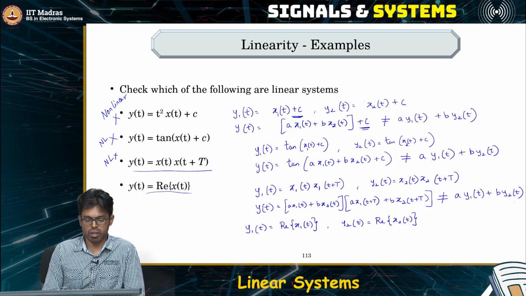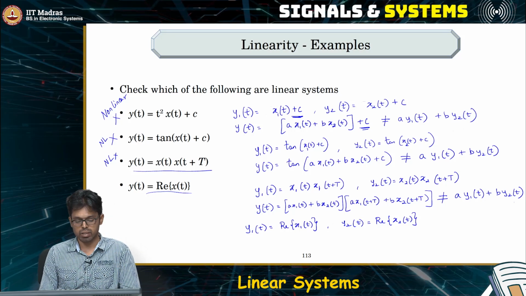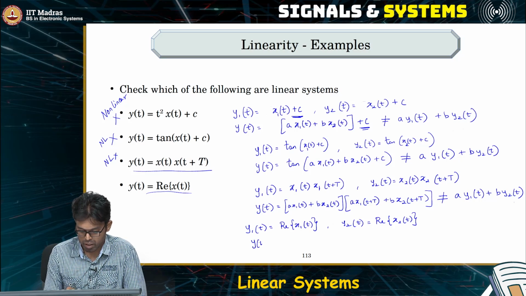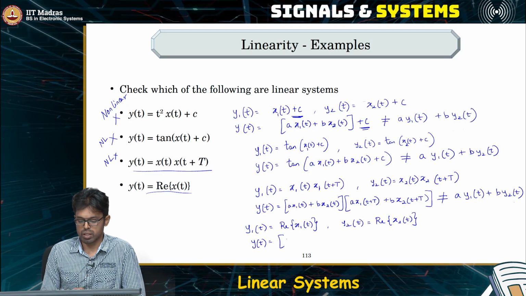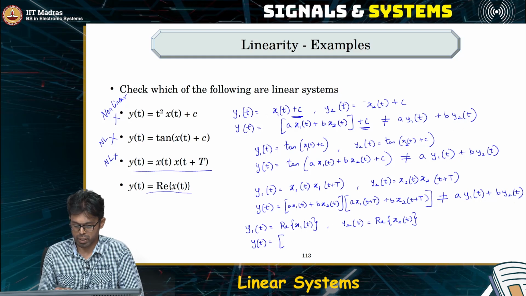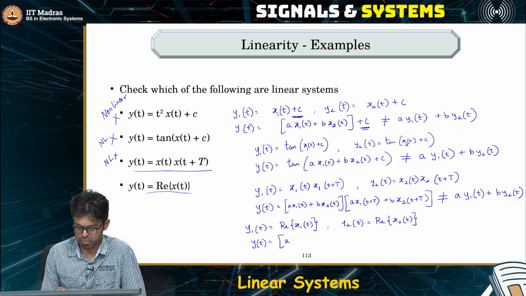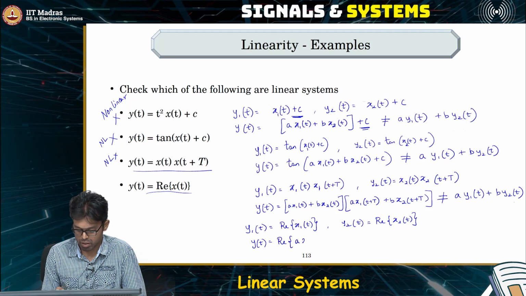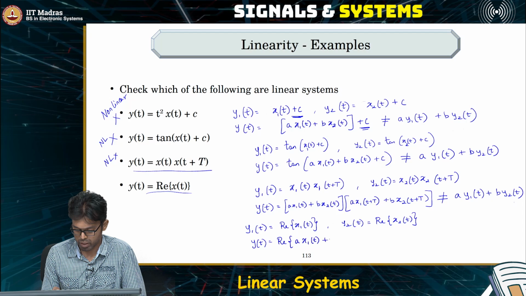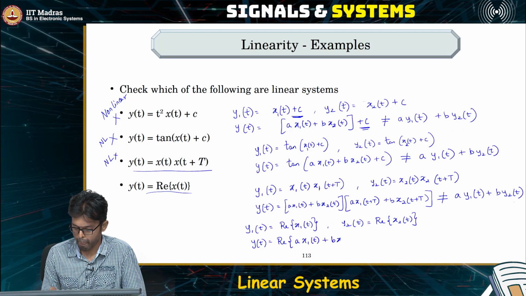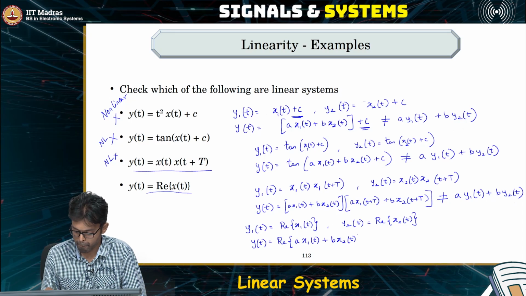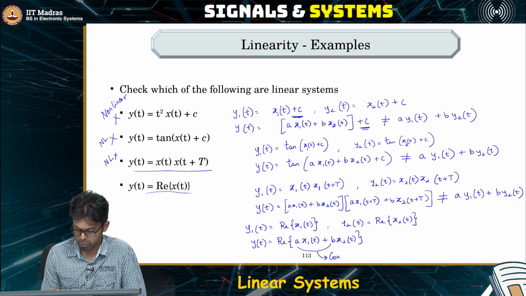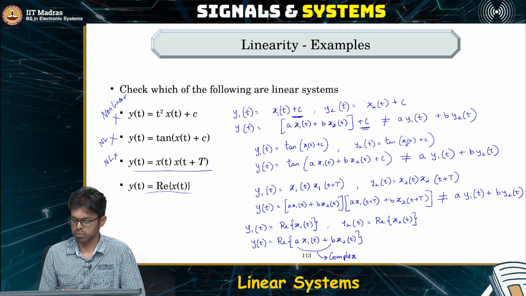Because you are taking the real part, necessarily the signal is complex, right? Because this is complex, the scalars with which you are going to multiply them, this a and b, can be complex. So these two can be complex.